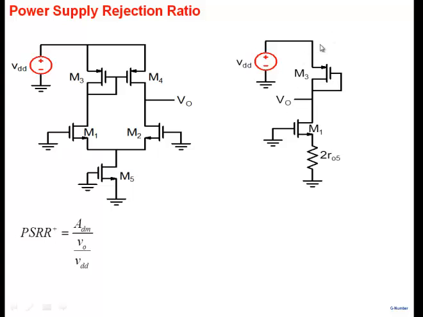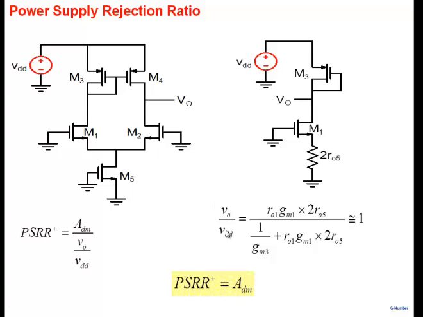What is this one here? 1 by GM. And what is the resistance looking down? R01 multiplied by GM1 times 2R05. So it's a very large resistor and this is a very small resistor. So V0 will be equal to VDD. Yeah. So same, V0 is VDD here.